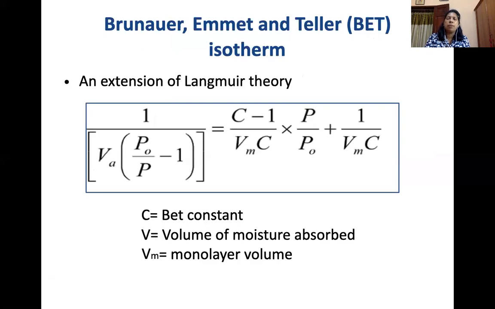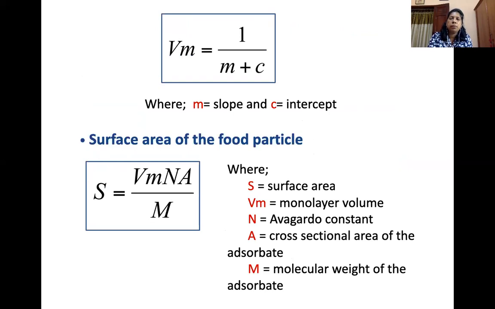Likewise, a lot of engineering equations are produced to understand how the product behaves when the water activity or the moisture content changes. Under food chemistry, we should know that these things exist, but we are not going to worry about them, because we are focusing in a different way, right?